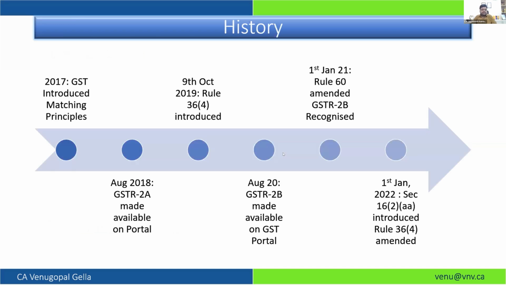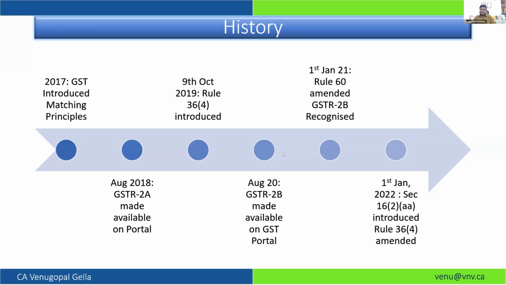So if you see here, from 1st July 2017 to 8th October 2019, there is no explicit restriction in availing the ITC that it should reflect in 2A, and no restrictions are there in order to avail the ITC. Whereas from 9th October, Rule 36(4) was inserted with the 20% provisional ITC allowed.